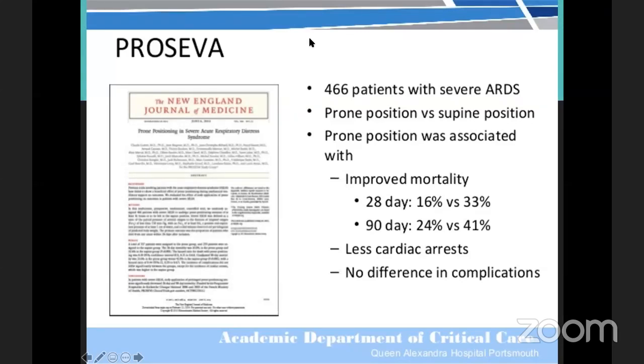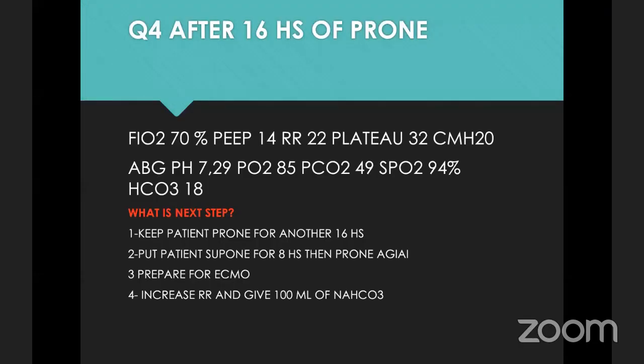There is another trial called PROSEVA, done in 466 patients with severe ARDS, prone position versus supine position. They found improved mortality at 28 days and 90 days, with no overall complications. But this should be done by trained staff, because if they are not trained, they might lose the patient.